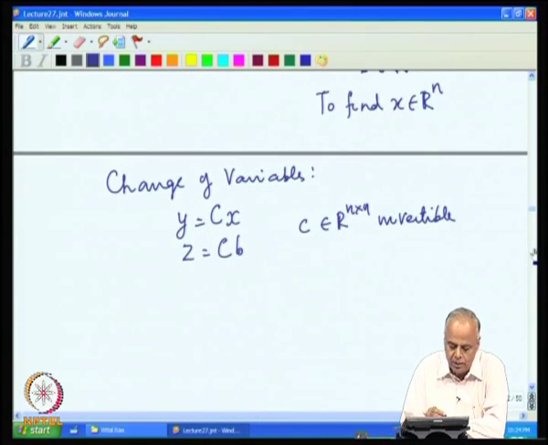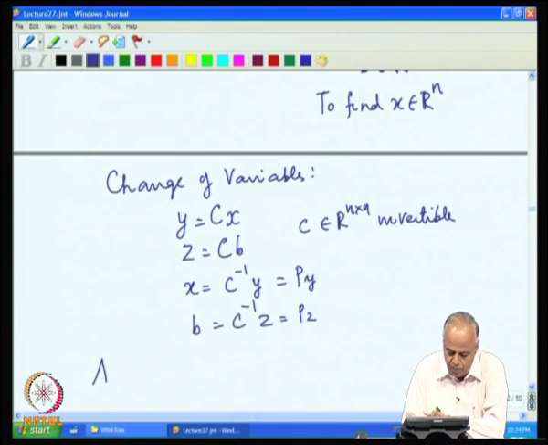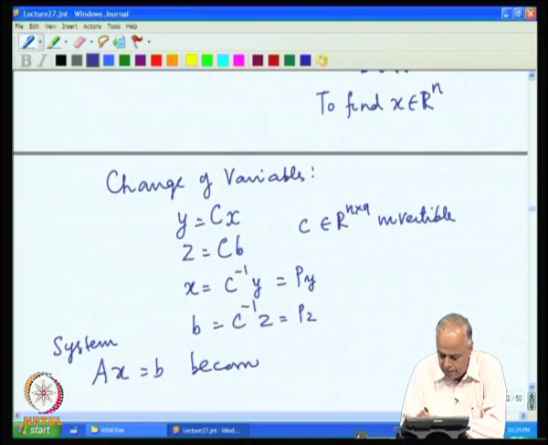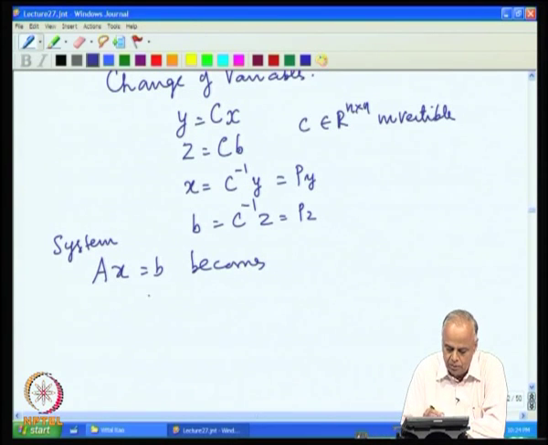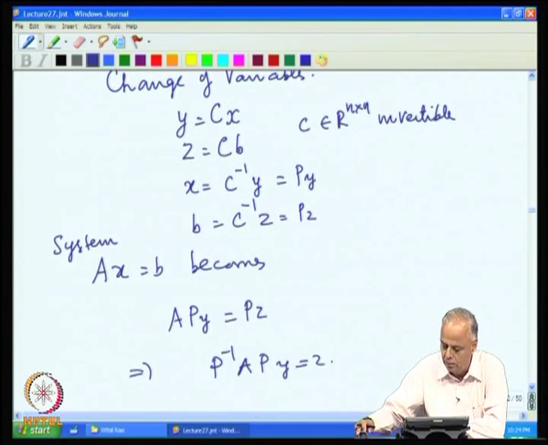When we change these variables, we can write x as C inverse y, which we call P y, and b as C inverse z, which we call P z. Then the system A x equal to b, with the changed variables, becomes P inverse A P y equal to z.